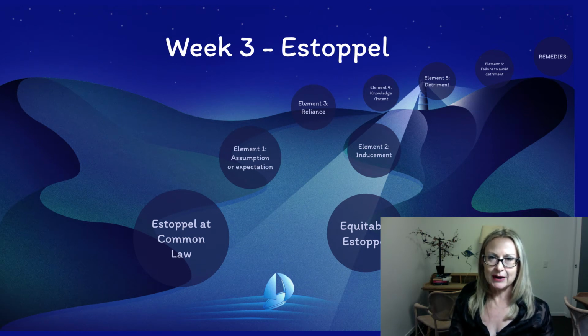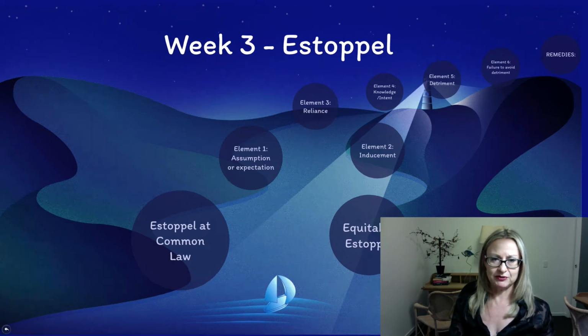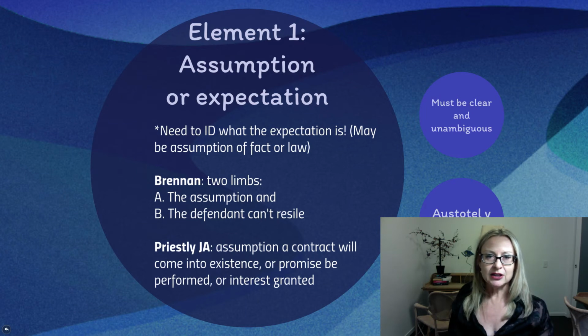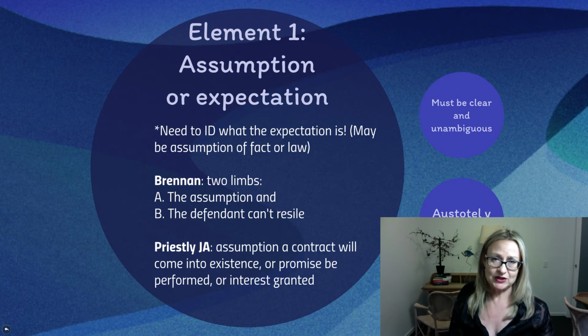So what we're going to do now is just cover off those 6 elements, kind of flesh out the requirements of each one. Firstly, element 1, an assumption or expectation. So here you need to be very careful when you're answering problem questions on equitable estoppel.